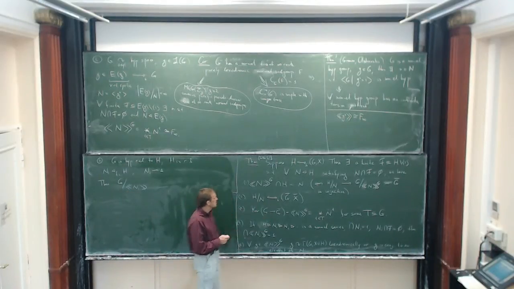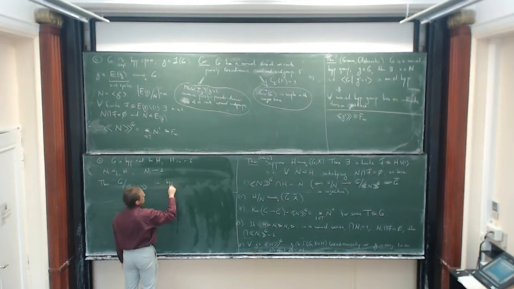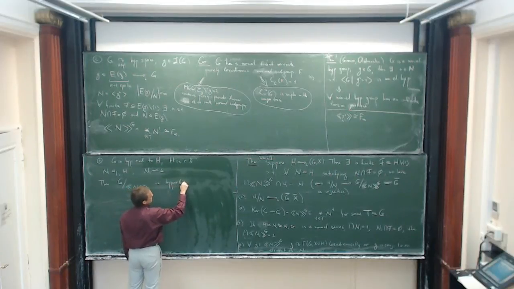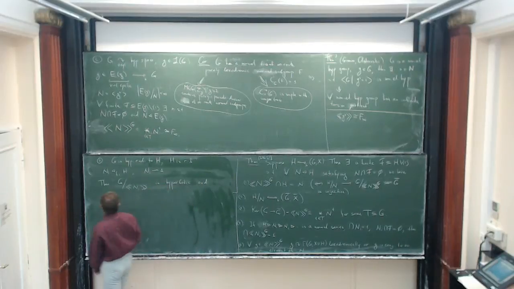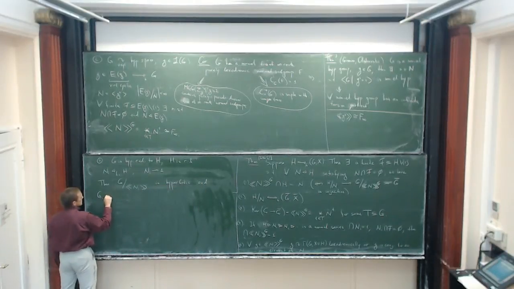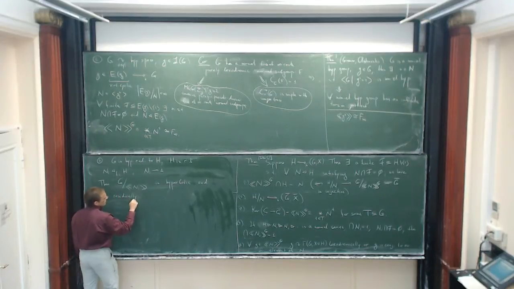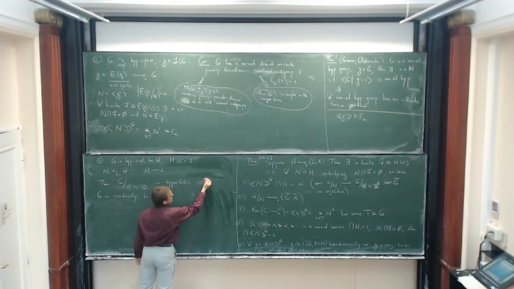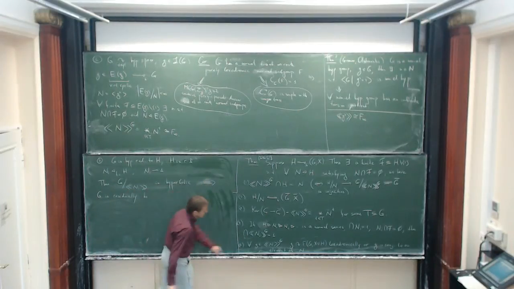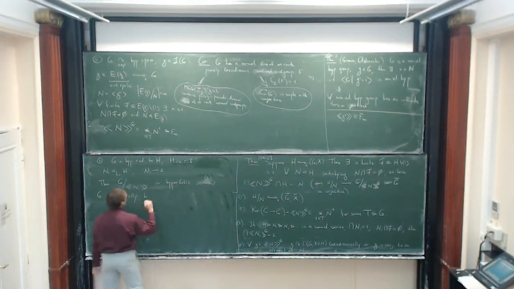So the second statement implies that in this situation the quotients are hyperbolic. And this is an implication of property number 4, that G is residually hyperbolic.